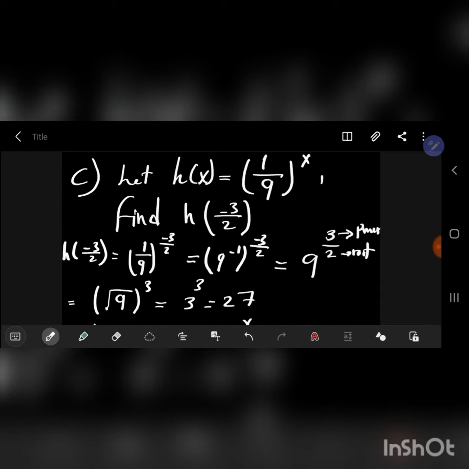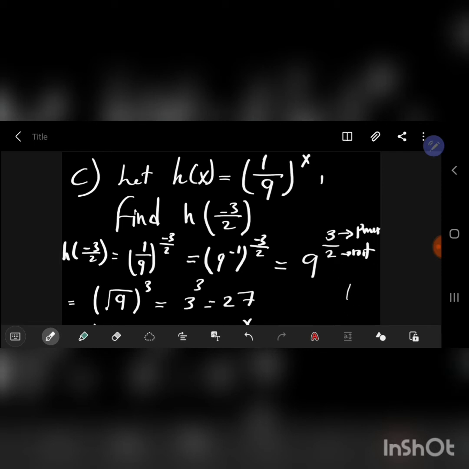And I gave you a rule that if the base has 2 exponents, I can multiply them. So minus 1 multiplied by minus 3 over 2 equal to 3 over 2.